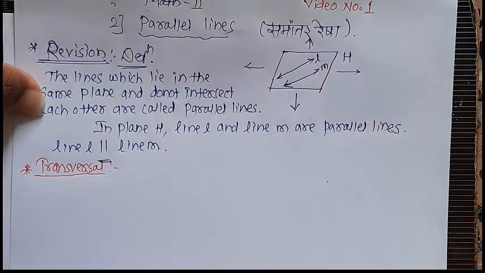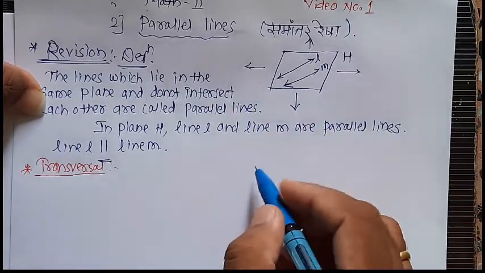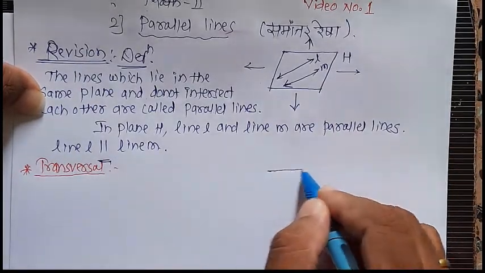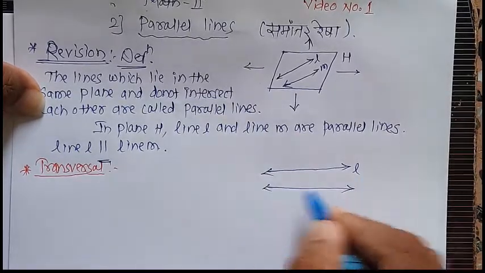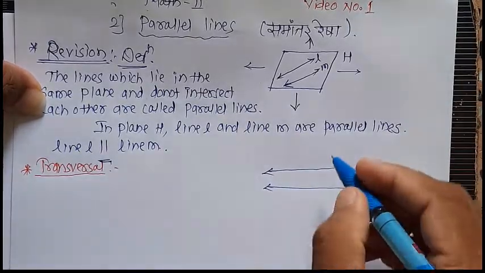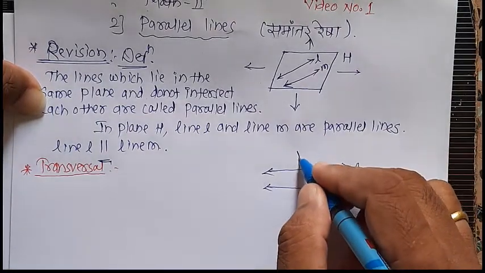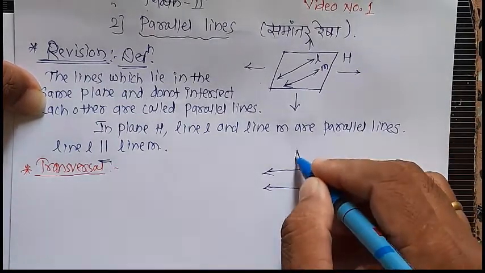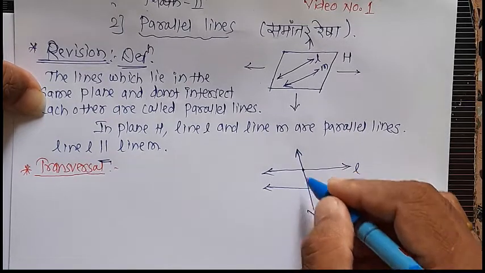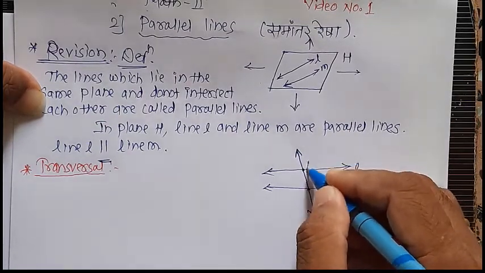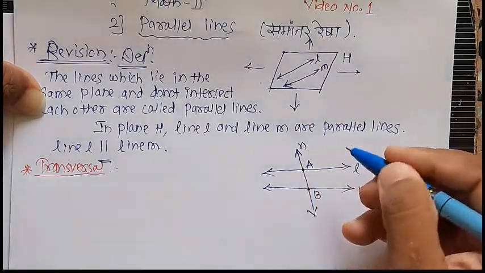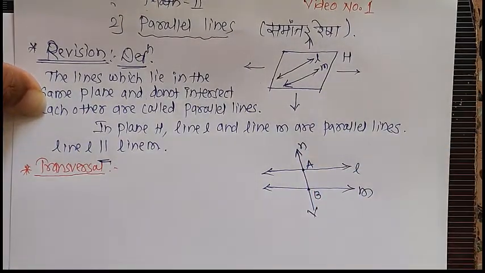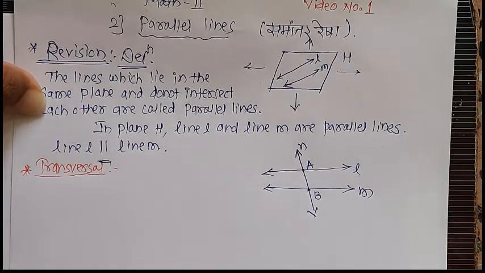Transversal is nothing but, in the same plane, if you take two lines, again line L and line M, and another third line is drawn such that it intersects the given two lines at two distinct points, suppose A and B, and the name of the line is N. At that time we say that line N is a transversal of line L and line M.